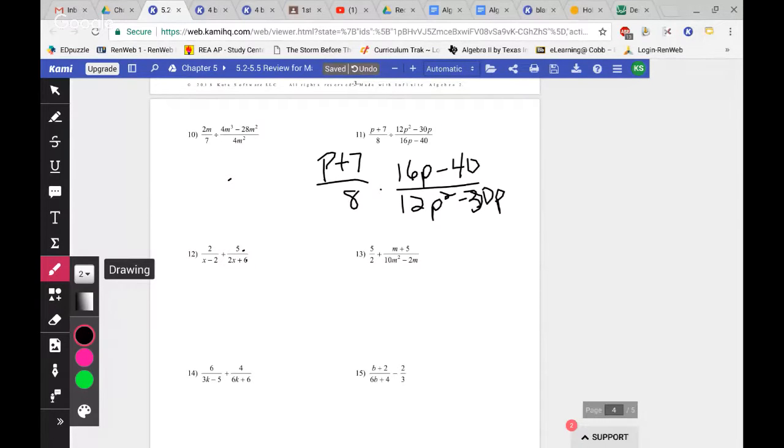Okay, do we have anybody factoring? Oh, that's quick. Okay, they have 4p minus 10. Again, make sure we're factoring completely. GCF on that one. Okay. So is there a common factor? There you go.